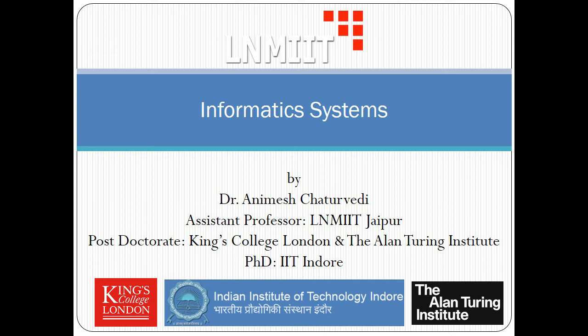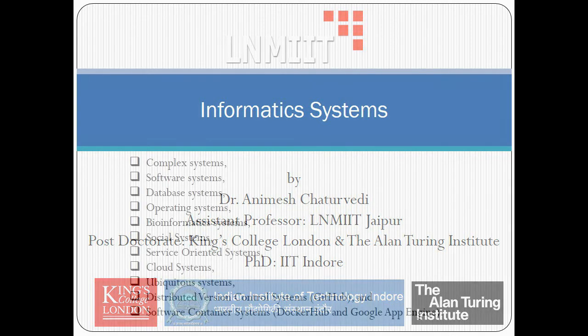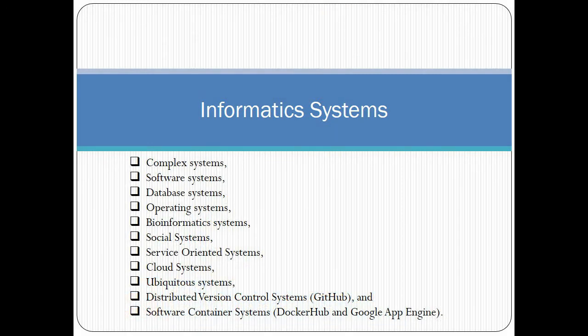In this part of informatic systems, we'll see complex systems, software systems, database systems, and operating systems. These are majorly related to computing systems. Complex systems are used to represent systems of various domains in some graphs or networks or some computational methodology.